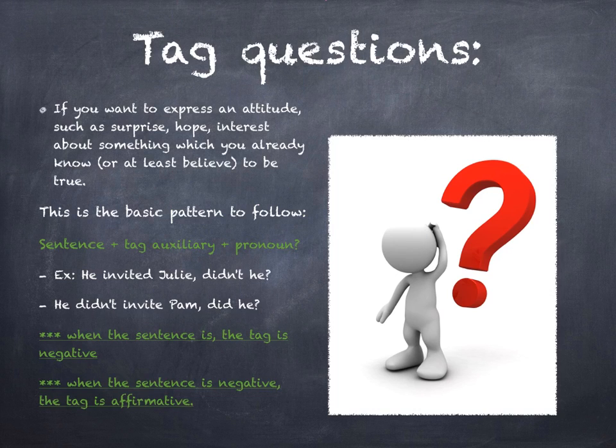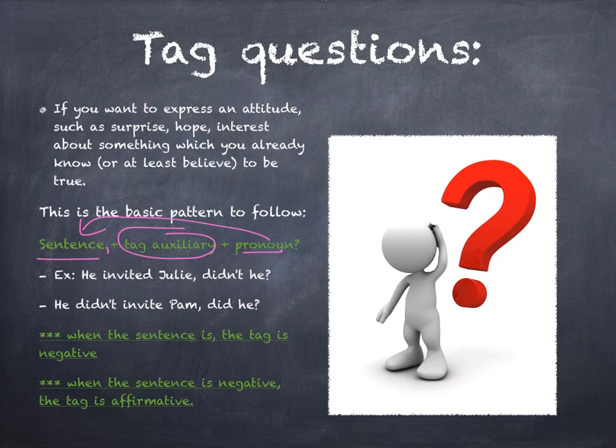Tag questions are used to express an attitude, surprise, hope, interest about something that you think is true. So you want to be certain that it is true. So how it works is that you write your sentence as usual, then a comma, and then you use your tag auxiliary followed by the pronoun that is used in the sentence.